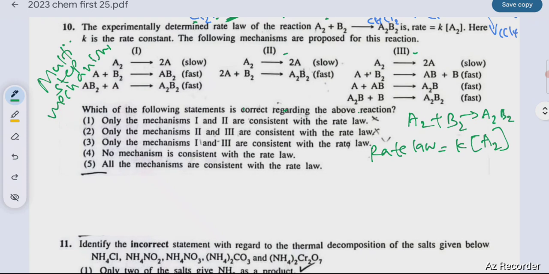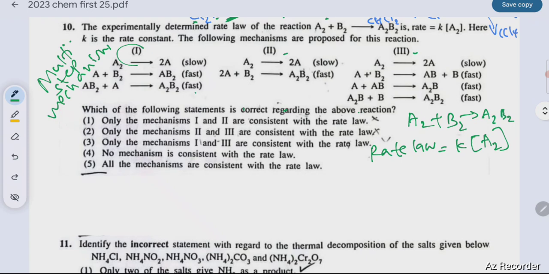So let's see. For a particular reaction there is a mechanism, and now they are asking which mechanism is applicable for the given rate law, right? Now if we see this first mechanism, it is a multi-step reaction because there are 3 steps.